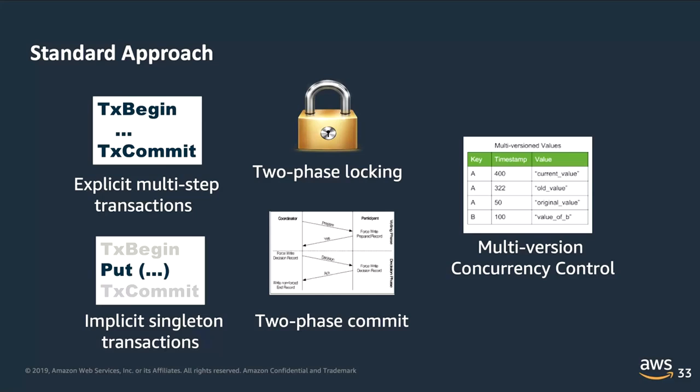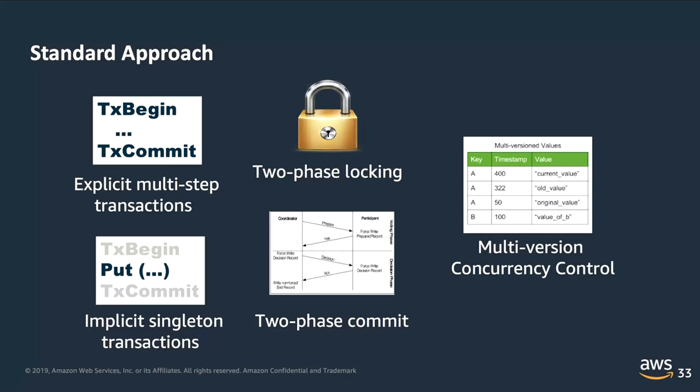For example, you do a transaction, you have multiple versions, and whenever you're doing a read, you can always read before the transaction using the version number of the item without being blocked by concurrent writes to the same item. So we didn't choose any of these options for DynamoDB.